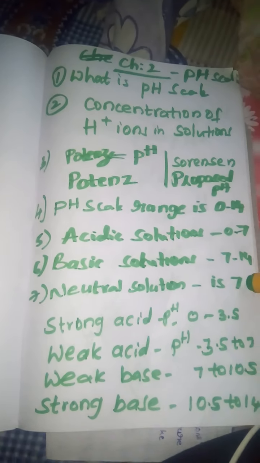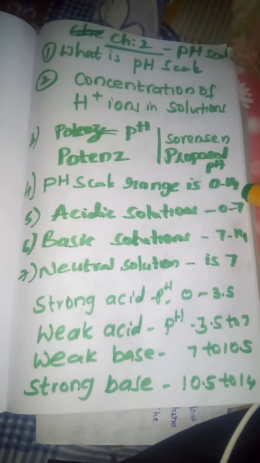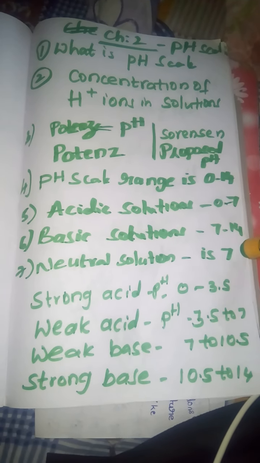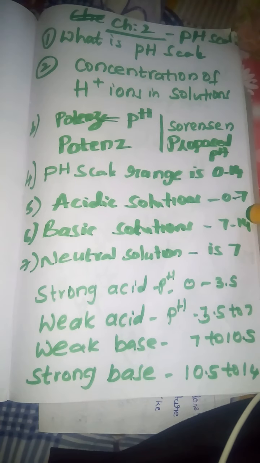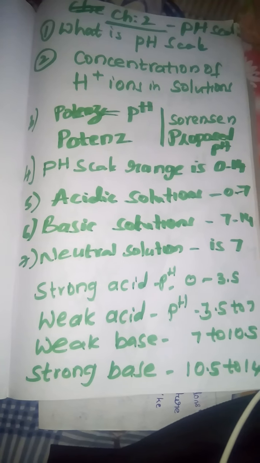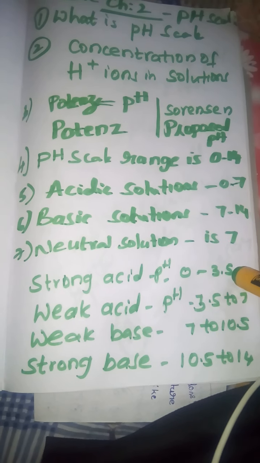Next, in the pH scale 0 to 14, acidic solution is 0 to 7, basic solution is 7 to 14, neutral solution is 7. But 0 to 7 is divided again into parts. Strong acid on the pH scale is 0 to 3.5.